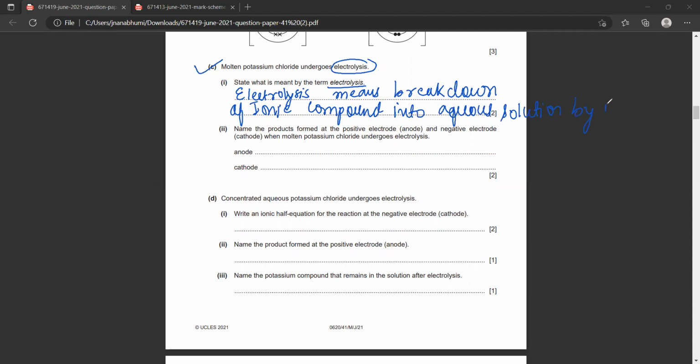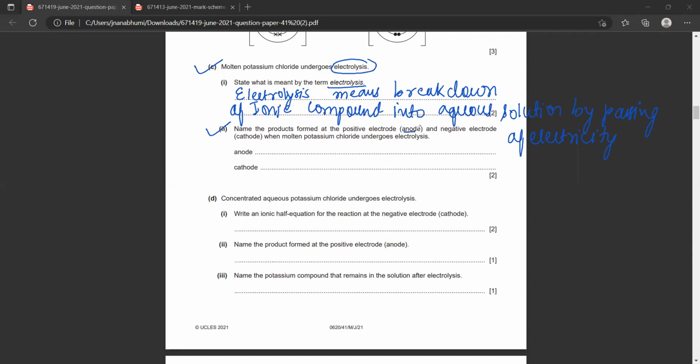By passing of electricity is called electrolysis.